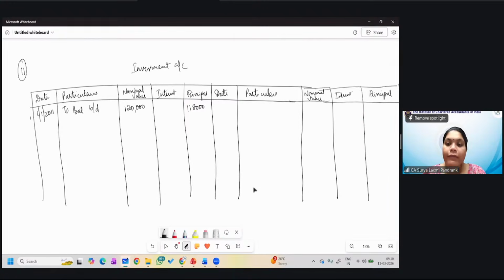Now, we have done a similar kind of question where we calculated the accrued interest. Can anyone tell me what will be the accrued interest? What should be the interest shown here? We have calculated a similar kind of question. That's why I'm asking you. Give a try. What will be the interest? Waiting for the answers in the chat box.